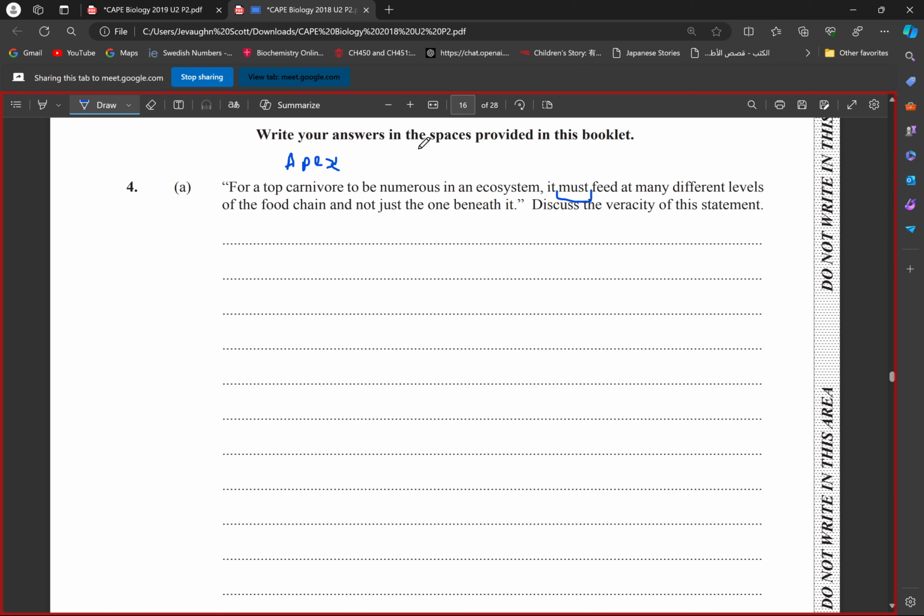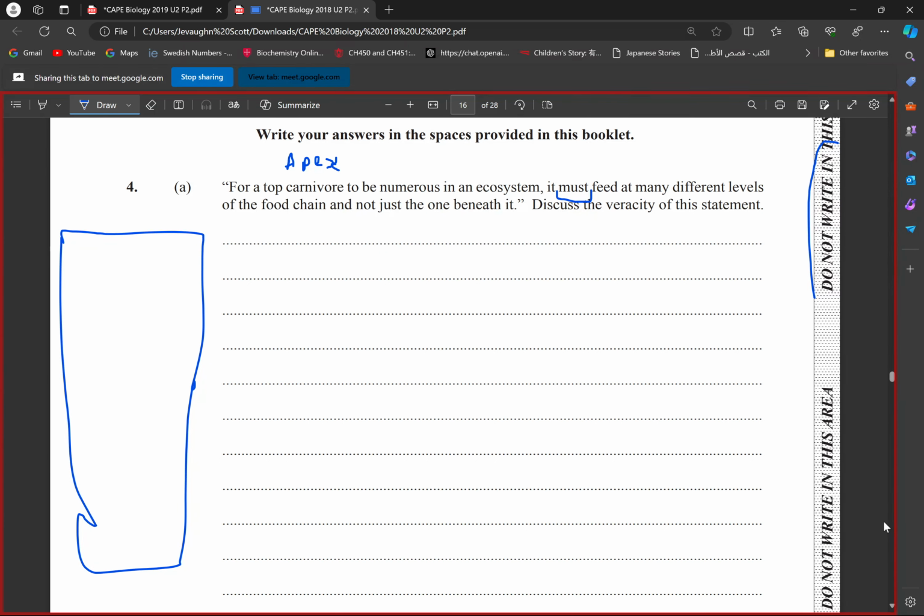So what you're supposed to do is discuss whether or not this statement is true. And to discuss, you can always use different angles. You could use pyramids of energy as well. Draw a pyramid of energy and speak about it, right? There are different ways we can look at it.